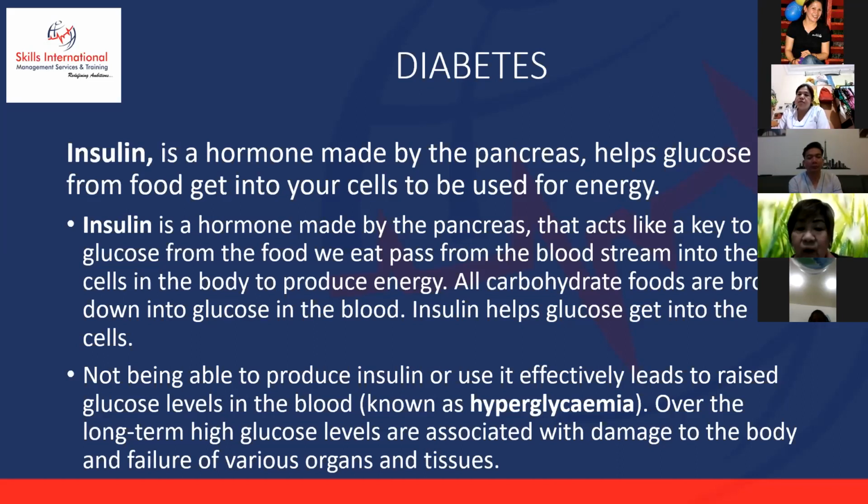Over the long term, high glucose levels are associated with damage to the body and failure of various organs and tissues. In the long run, even your organs like your kidneys and your liver will be affected by this high blood sugar and will be damaged, resulting in the kidneys needing dialysis later on.